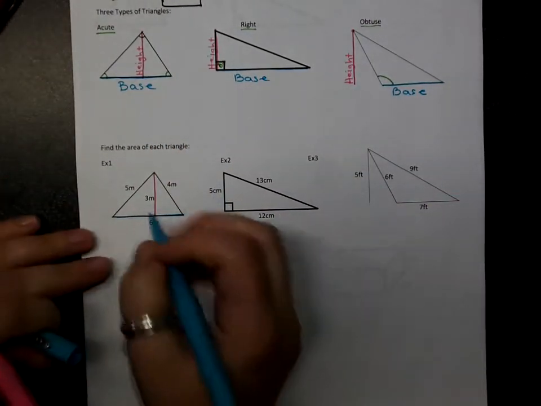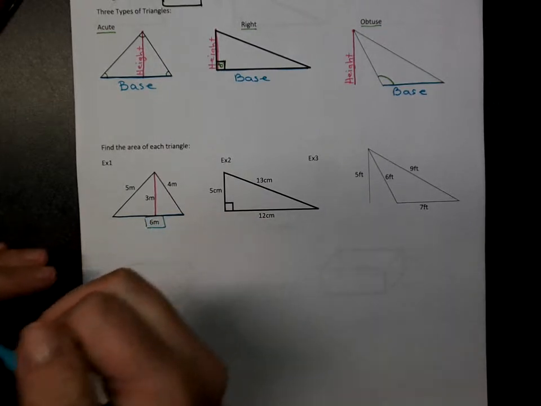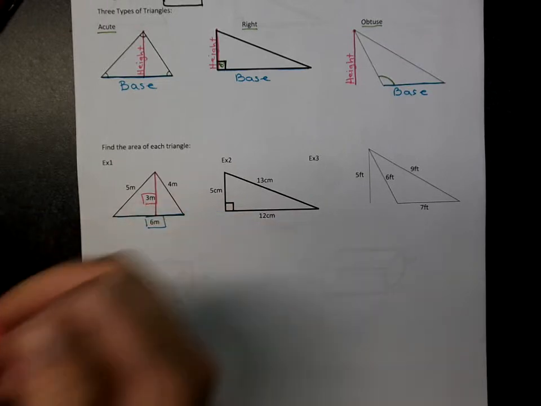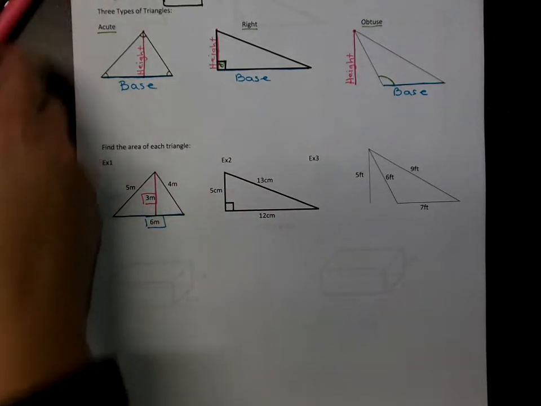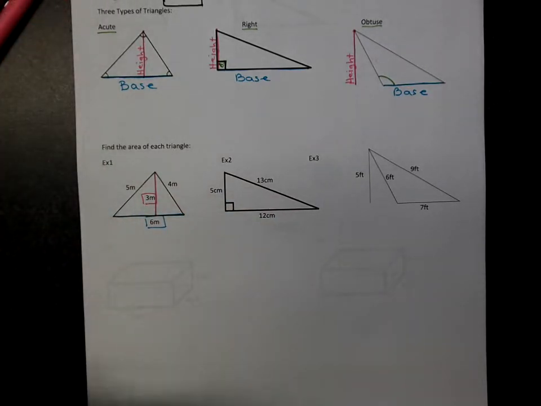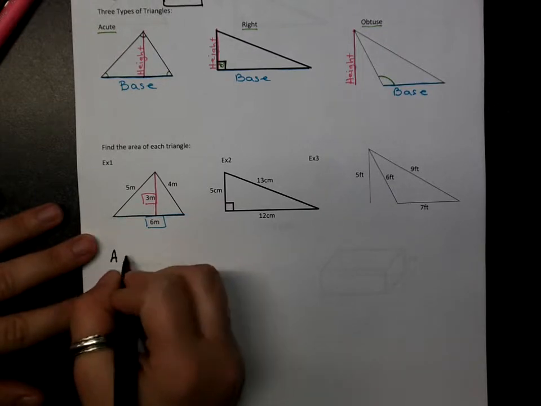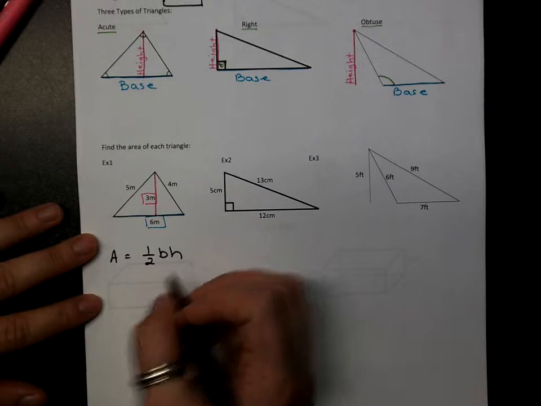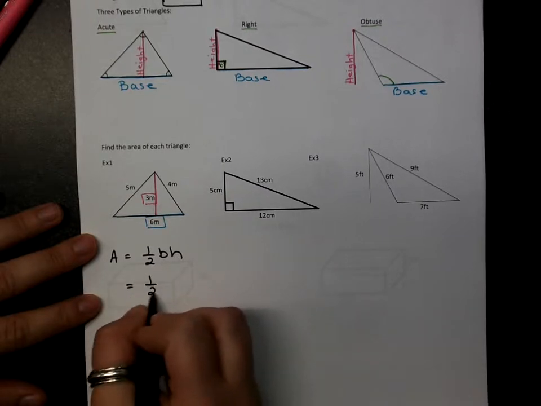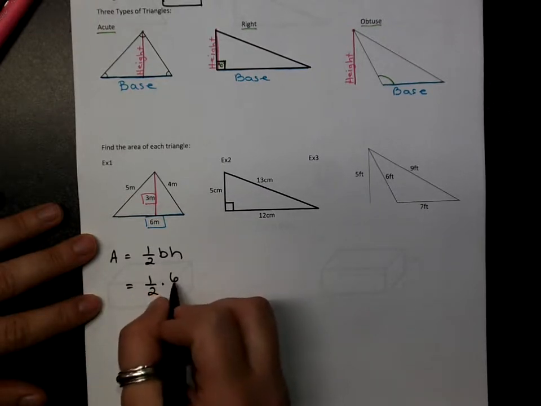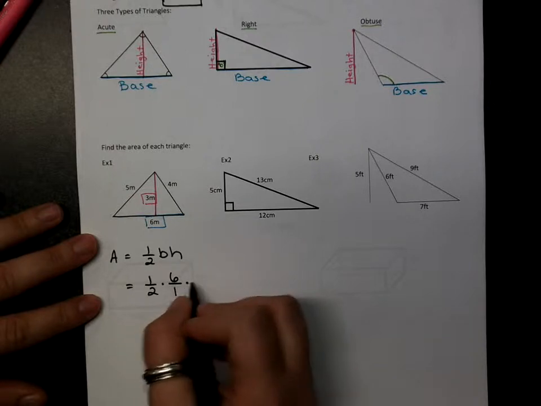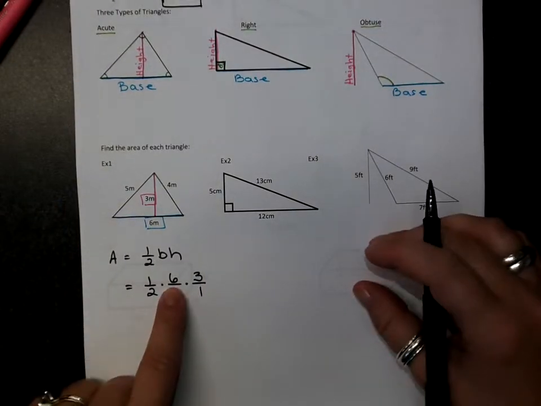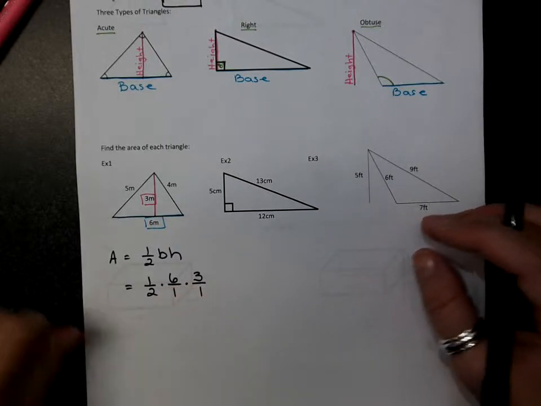So 6 is the length of the base, and 3 is the height of the triangle. So we're going to do area equals 1/2 base times height. So 1/2 times 6, I'm going to put that 6 over 1, times 3, and I'm also going to put the 3 over 1. So 6 is the base, 3 is the height.